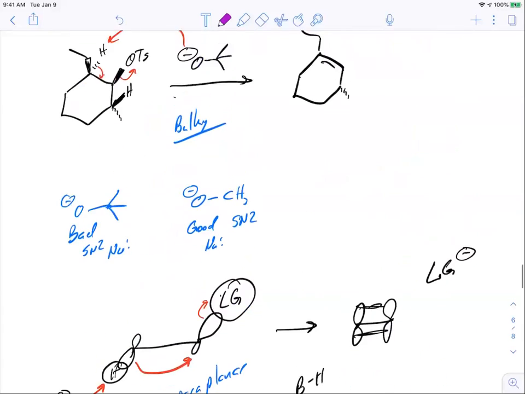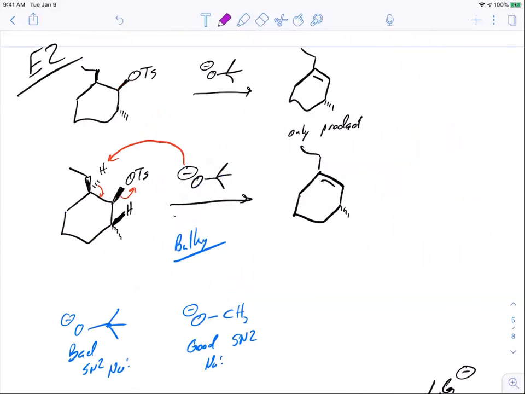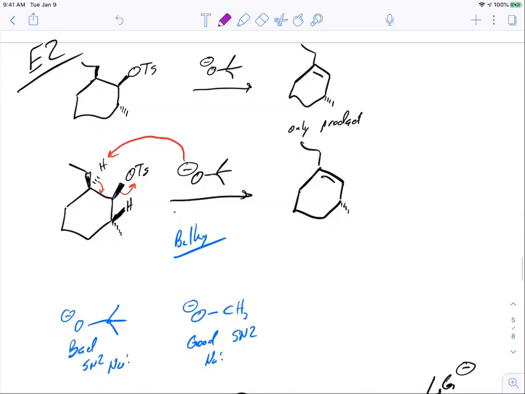So in this reaction, I only end up with one product because there's only one beta hydrogen that is anti-periplanar, or that can form an anti-periplanar. Questions about that?